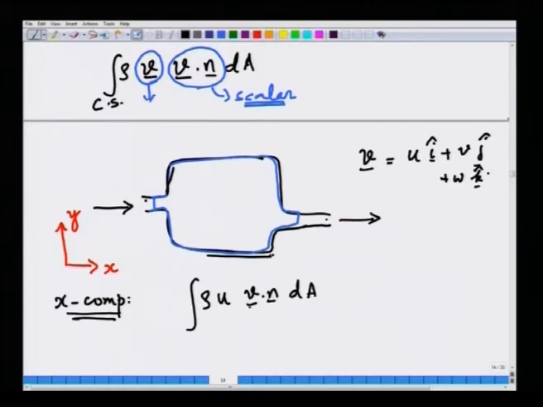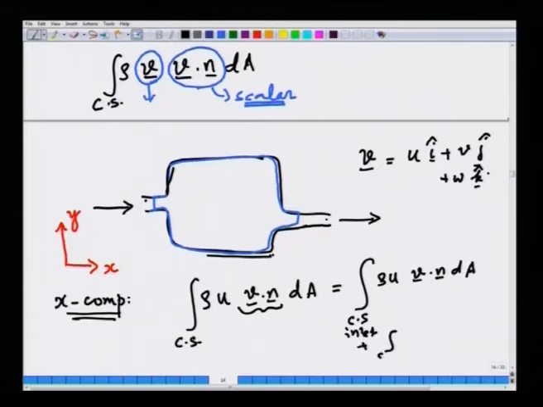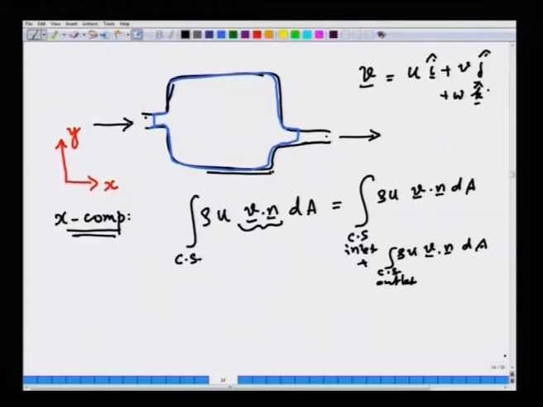Now, V dot n at the inlet: this is over all the control surfaces, and this is over the inlet, rho u V dot n, plus over the outlet, dA.